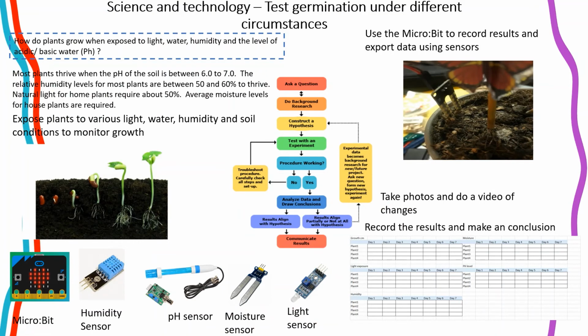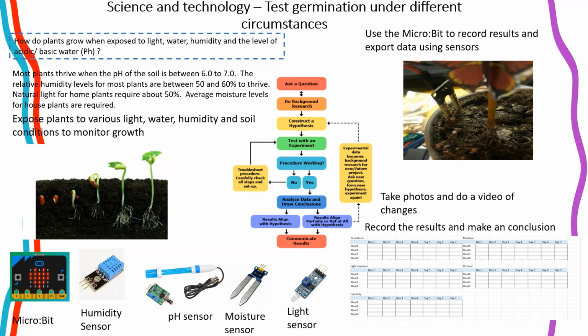The next one was a plant with growth. Effectively here we want to teach biology and the whole germination process, and we want to test the effect that light, water, humidity, and soil and those conditions have on the growth process. You would take the different circumstances.